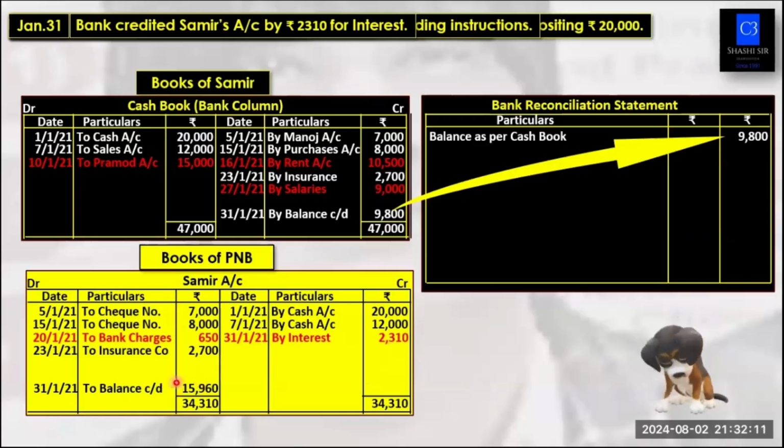This balance shown 15,960. We are starting this bank reconciliation statement by taking this 9,800. Look at the screen. This 9,800 has been written over here in the bank reconciliation statement. And now we are going to add or deduct figures from this 9,800 and arrive at this 15,960.